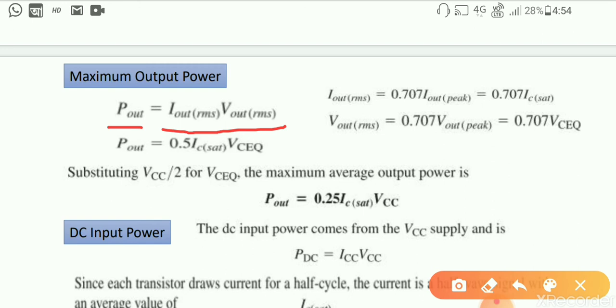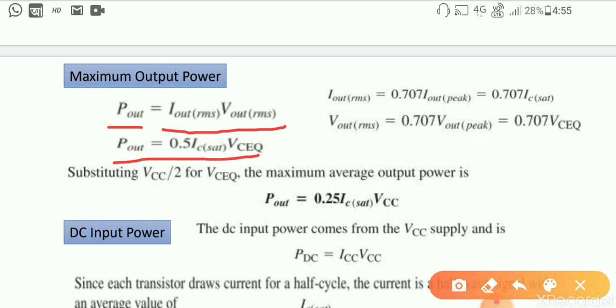in an RMS form. If you put the value there, the value will become 0.5 IC saturation current for the VCQ. If you apply there the 0.707, which is 1 by root 2 for the RMS value of I out, that is the I out peak by root 2.